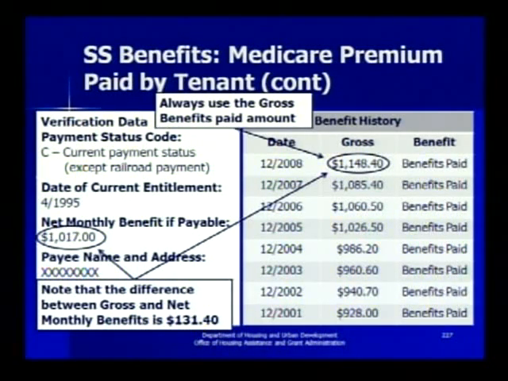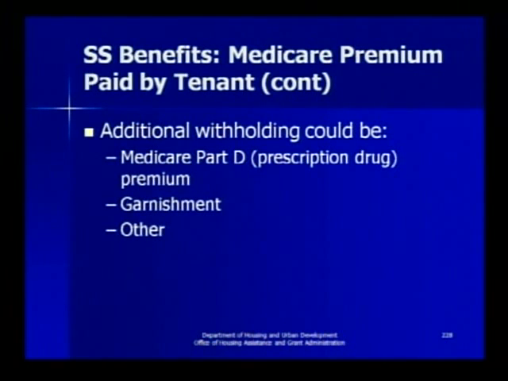That's leaving a difference of $131.40. That difference is greater than the $96.40, which is, let's just say in this case, the Medicare premium that's permitted for that particular year.